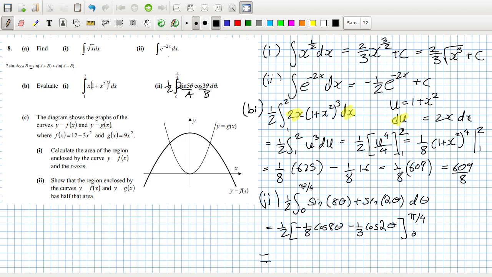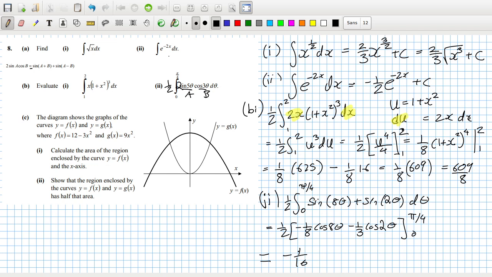Cos 2 pi minus 1 over 3 cos pi over 2. So that's minus 1 over 16.